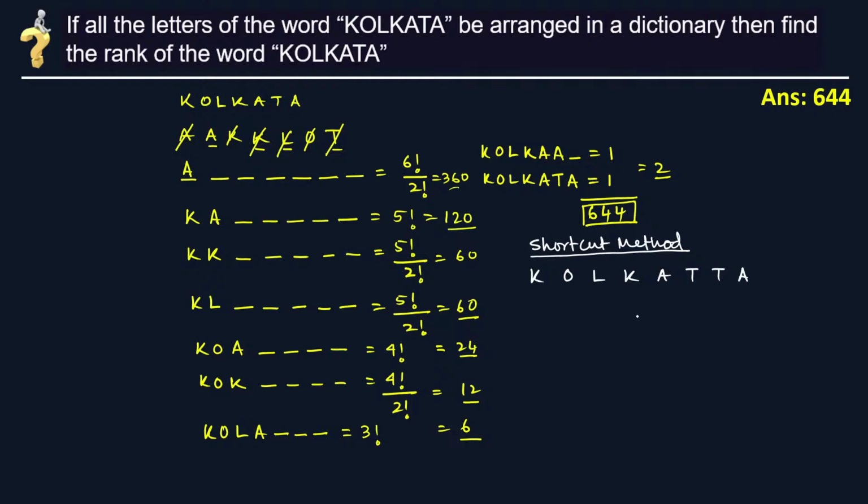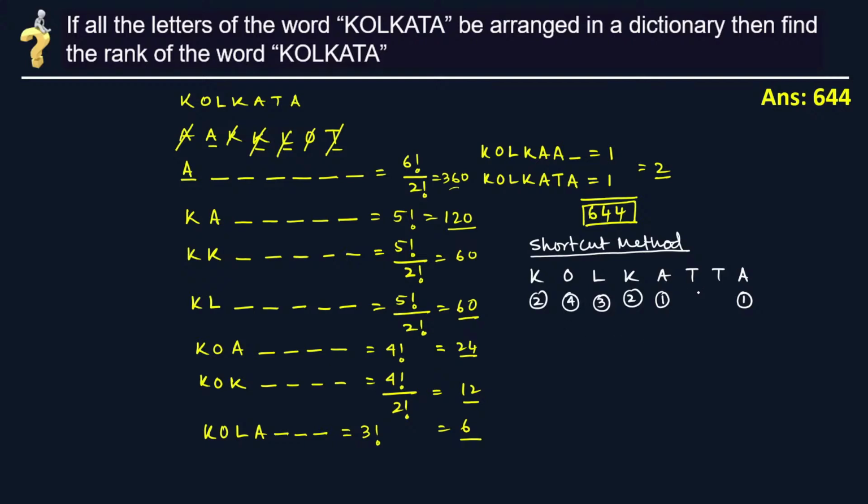Now I have to assign a number to each of these alphabets, but alphabetically. So first, A will come, and there are two A's. Therefore, both of this I will write it as 1 and 1. After that, K is coming. So it will be 2. This is also 2. After that, L will come, which is your 3. After that, O will come, which is your 4.